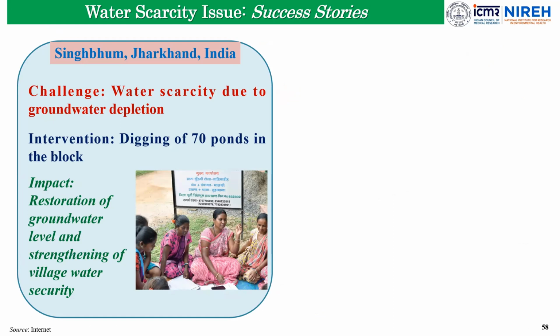And whenever precipitation happened, those ponds got filled up, and then they used this water for their various needs. So this not only fulfilled their need, but also recharged the groundwater. That helped in the restoration of the groundwater, and also those people became aware, so they stopped wasting the water. This is one of the case studies in which people themselves came up and solved the issue of water scarcity.